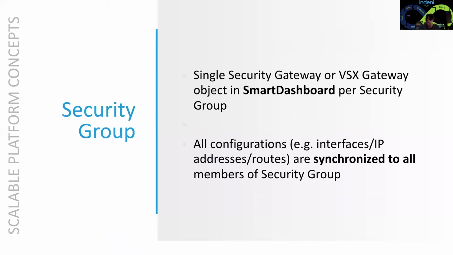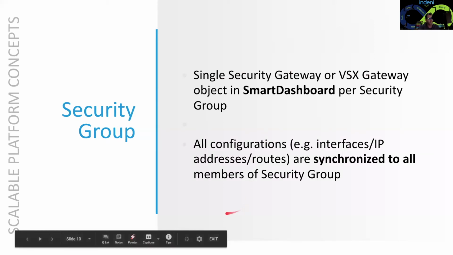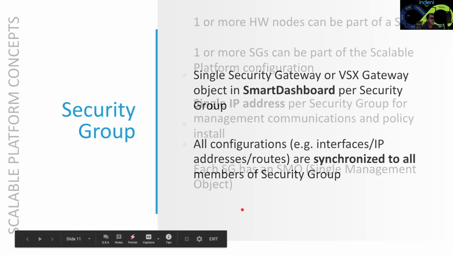In SmartDashboard, you configure and maintain it the same way as a standard single gateway device. Again, whether it's a security gateway or VSX, it's the same. All configurations, interfaces, IP addresses, and routes are synchronized to all members transparently. No need to do anything manually. It goes to all members of the security group. So if you have multiple security groups, each security group synchronizes to its own members only.